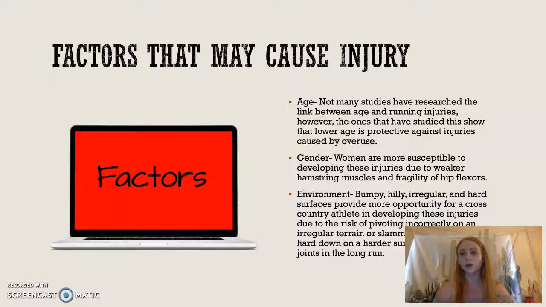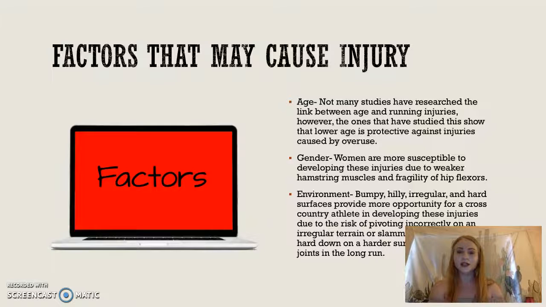Gender, women are way more susceptible to developing an injury. I think they're like 3 times as likely to develop a running injury because they have weaker hamstring muscles and more fragile hip flexors, whereas men have strong hamstring muscles that support their knees and hips and everything.